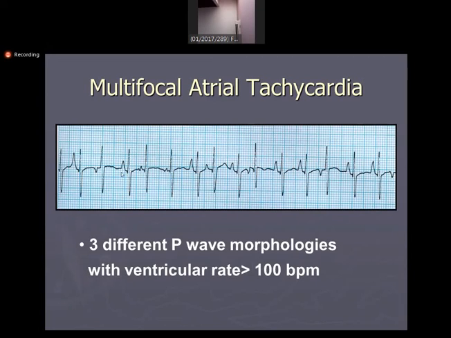And you can see here the different morphological P waves. This is different. This is multifocal. There is a multifocus in the atria which is generating current which is going into the ventricle. This is multifocal atrial tachycardia.